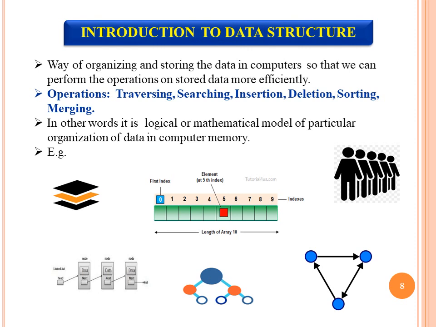Traversing means you just visit each element exactly once and print the information. See here in the middle diagram, length of array 10. Traversing means you just go to position 0, print the element, then go to position 1, print the element. So visiting exactly once and printing the information is called traversing.